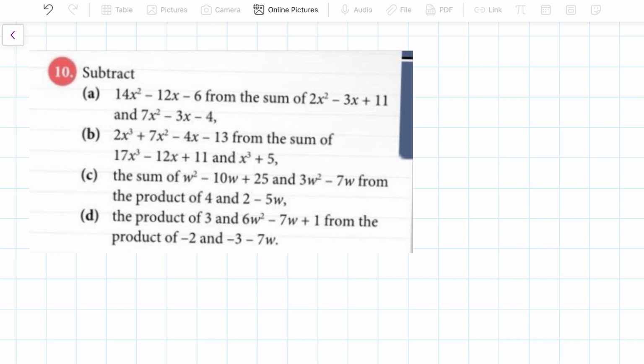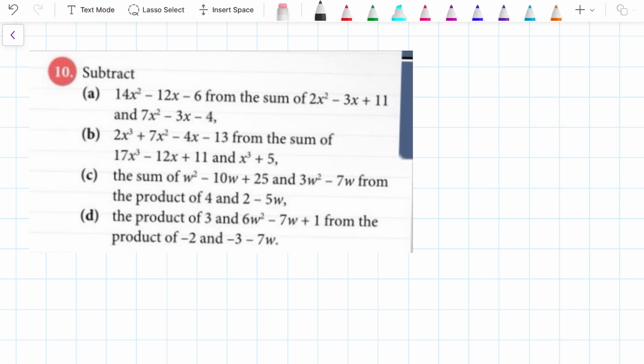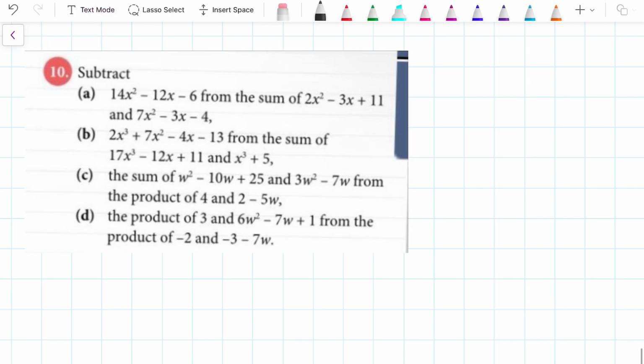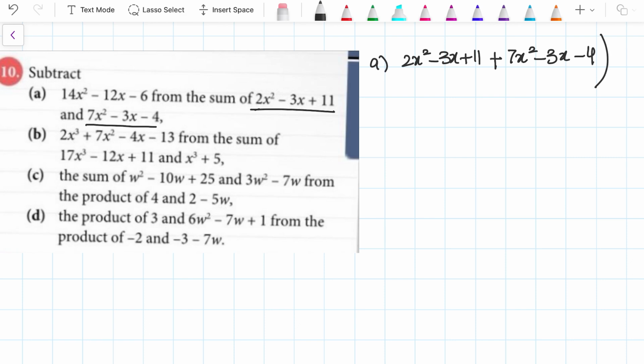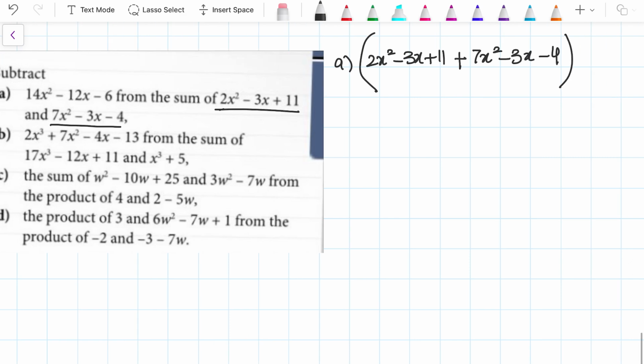Now subtract. This is advanced level, but you should have a good understanding of it. Subtract this from the sum of this and this. The first part says from the sum of this expression plus this one, subtract this.